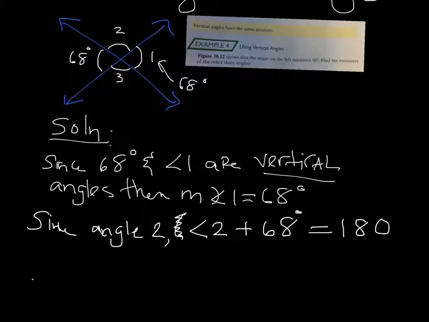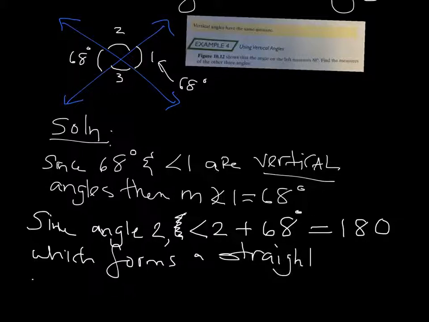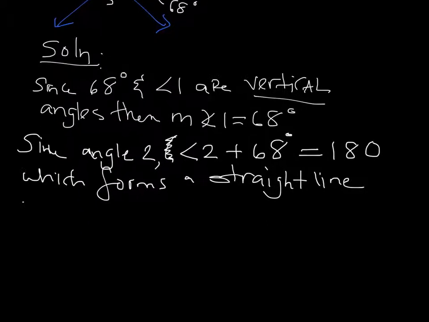Let's see, how do I write? Okay, so since angle 2 plus 68 degrees is 180, which forms a straight line. So again, you don't have to write verbatim what the book has. You can paraphrase, but as long as you are communicating correctly, you should be fine.